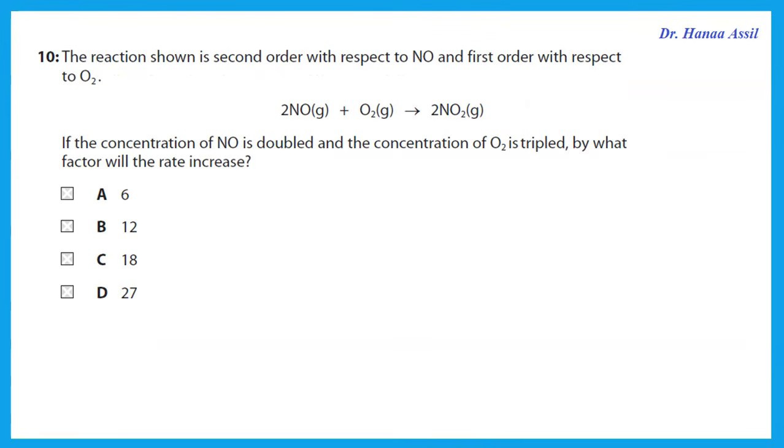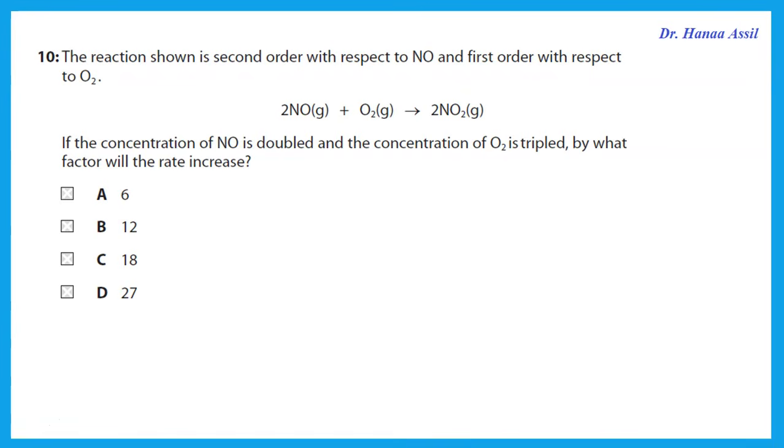The reaction shown is second order with respect to NO and first order with respect to oxygen. If the concentration of NO is doubled and the concentration of O2 is tripled, by what factor will the rate increase?